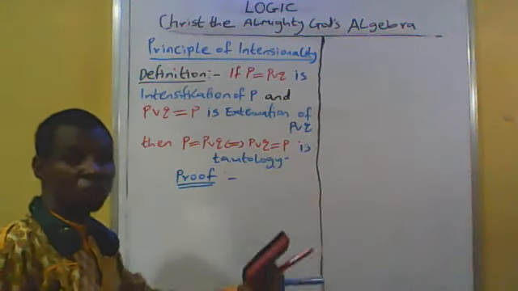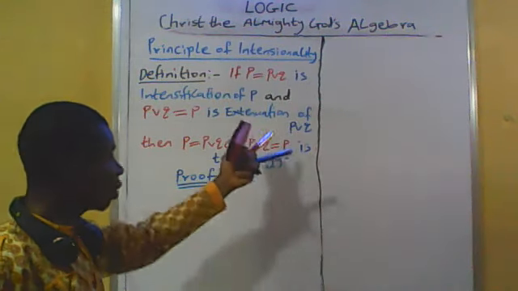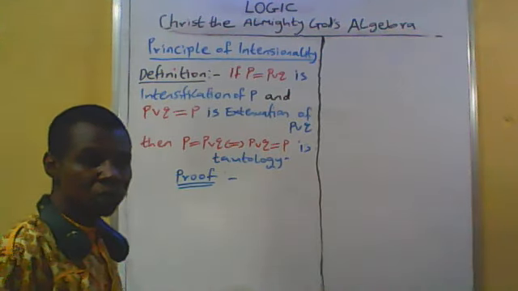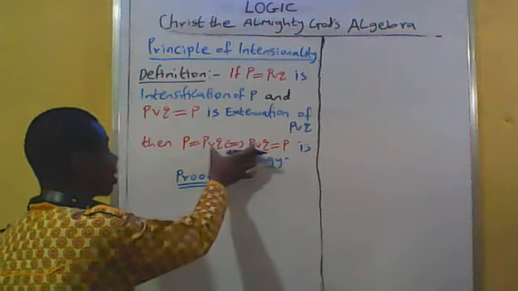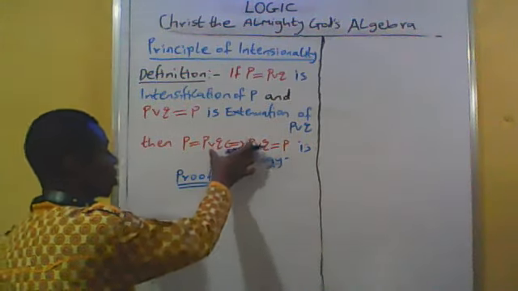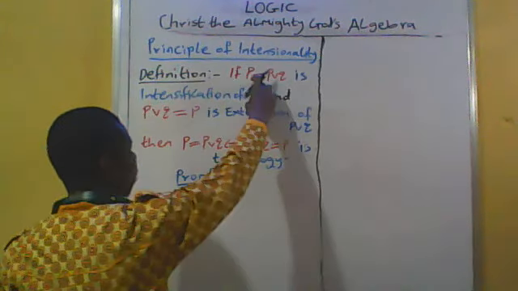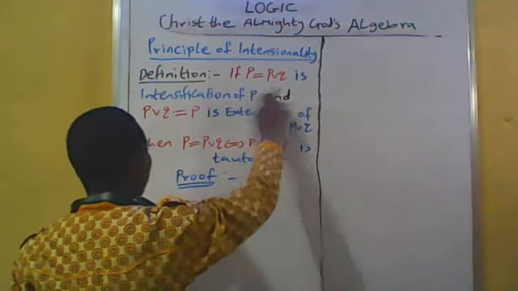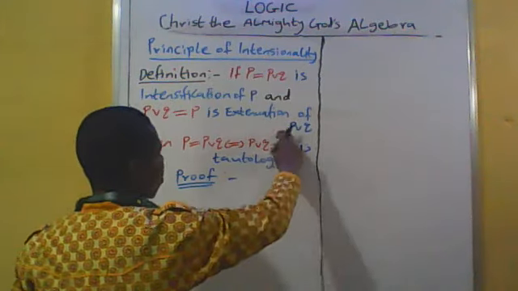That is tautology. It is true. If it is true, then we deduce that this is a logical consequence of P equal to P or Q is the extension of P, and P or Q equal to P is the extension of P or Q.